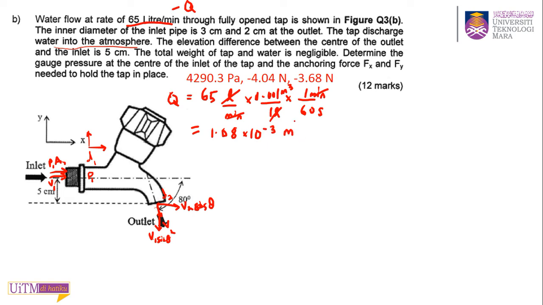Okay, so this is meter cube per second. And you can find your A1 and A2, since they give you the diameters of A1 and A2, so you can find V1 and V2.